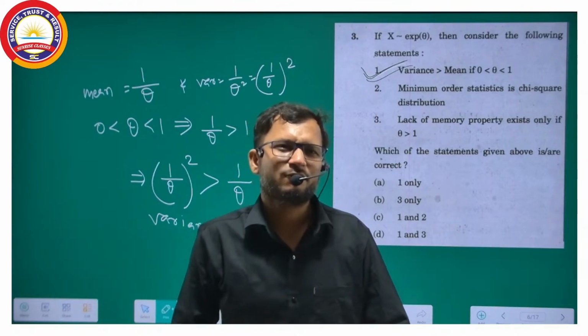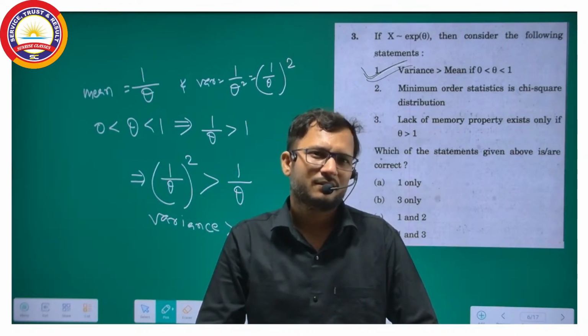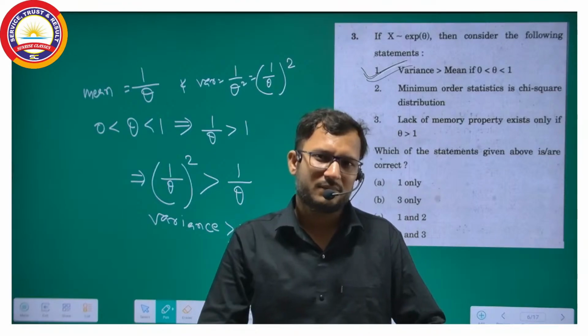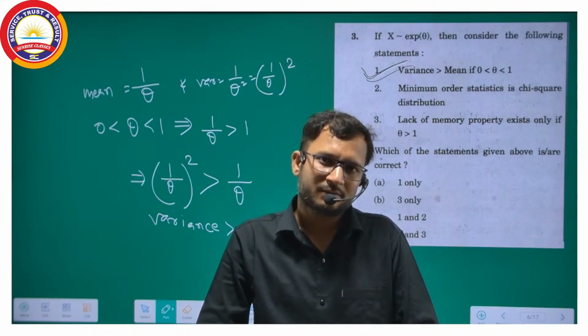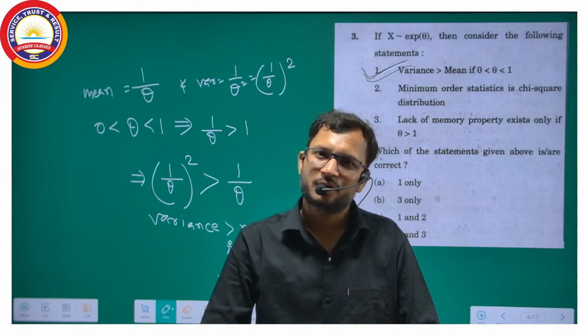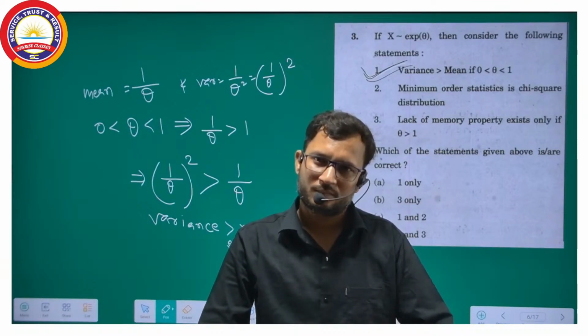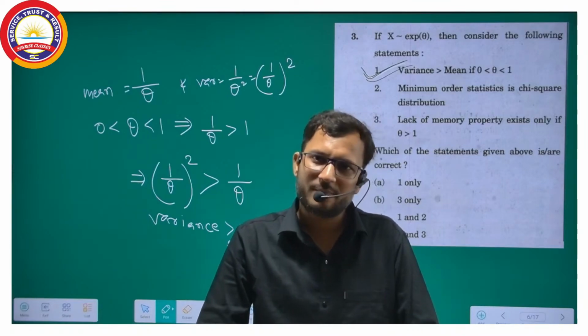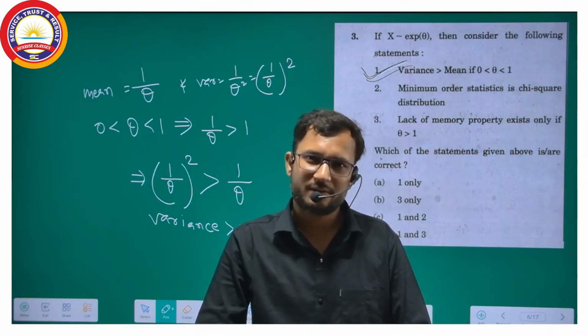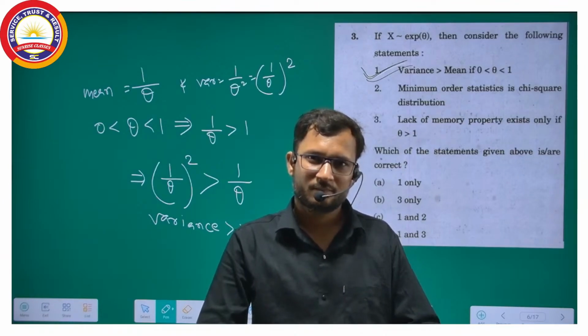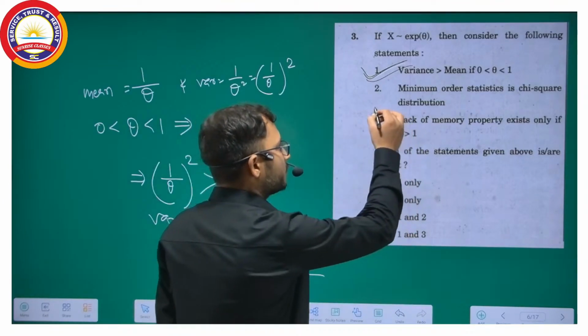Because chi-square with 2 degrees of freedom and exponential with parameter 1 by 2, both are the same, na? You can tell me this.